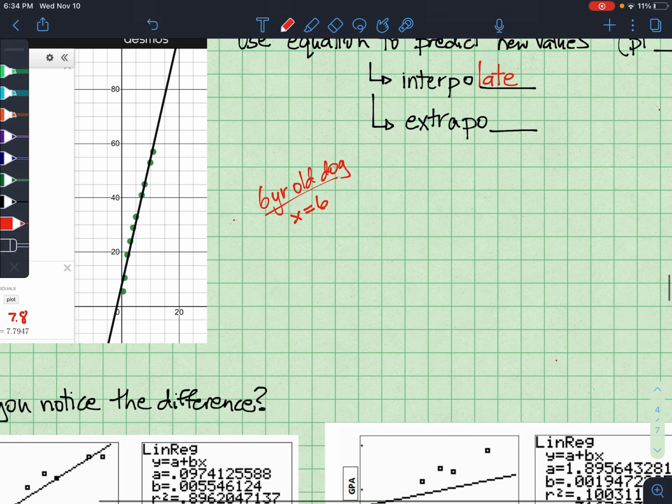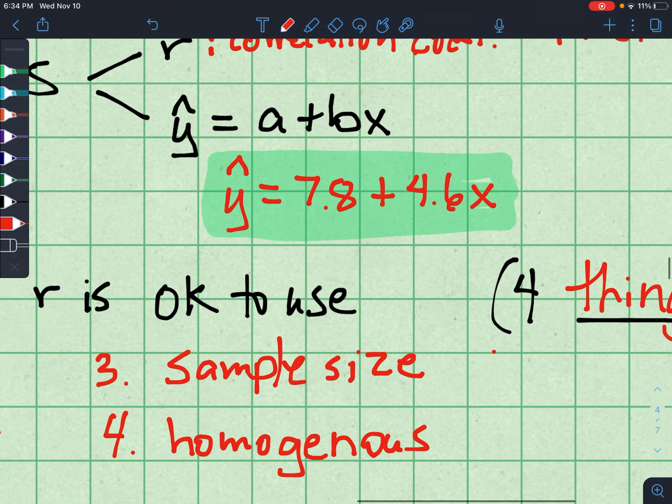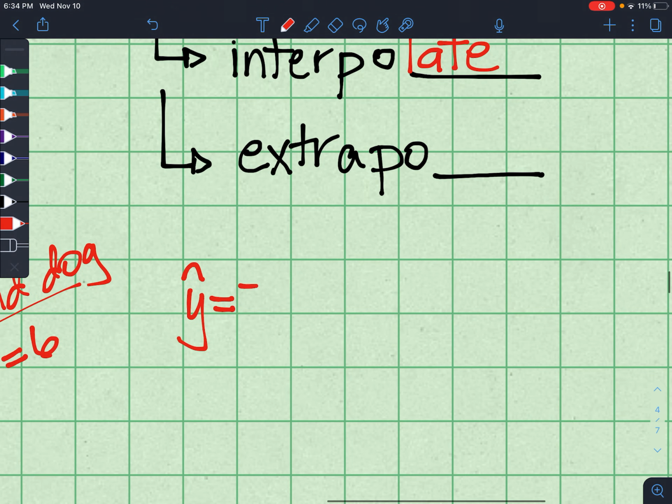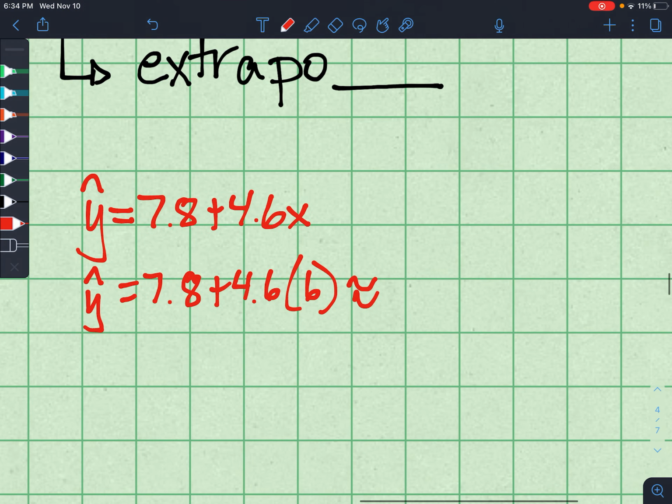So I go to the equation, and remember the equation said y hat equals 7.8 plus 4.6x. So y hat equals 7.8 plus 4.6 times 6. I'm going to do that on my calculator, and I get 35.4.